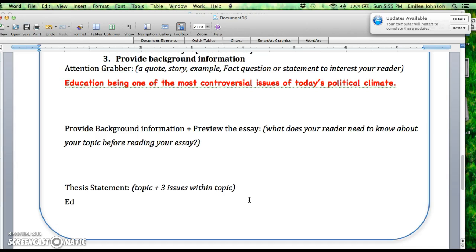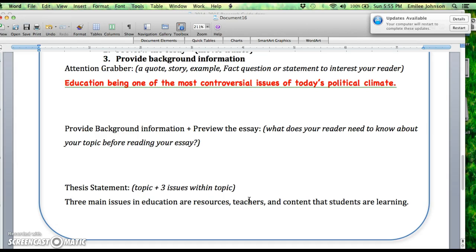So for instance, mine and all the examples I give you have to do with education and the 3 main issues in education. What did I say? Resources, teachers, and content that students are learning.